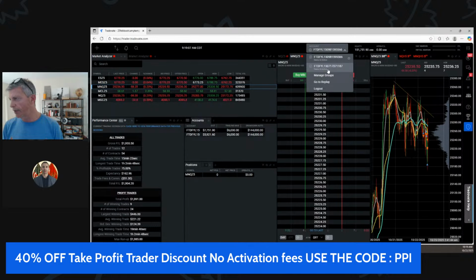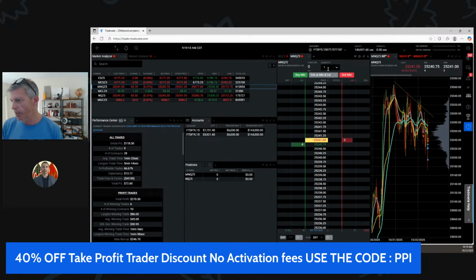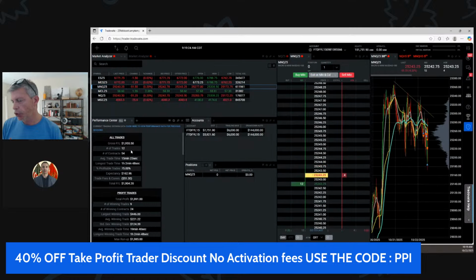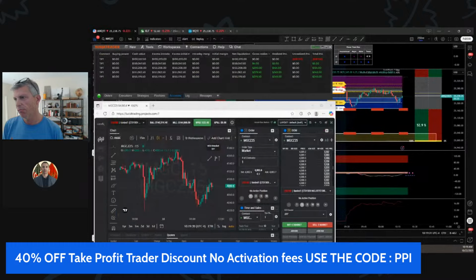I don't remember how much it was, but I think I was losing 150 bucks and I was able to save it at 118 with a 66% win ratio, 9 trades here, and 12 trades here, 75% win ratio, 1,955. Yeah. So that's good.